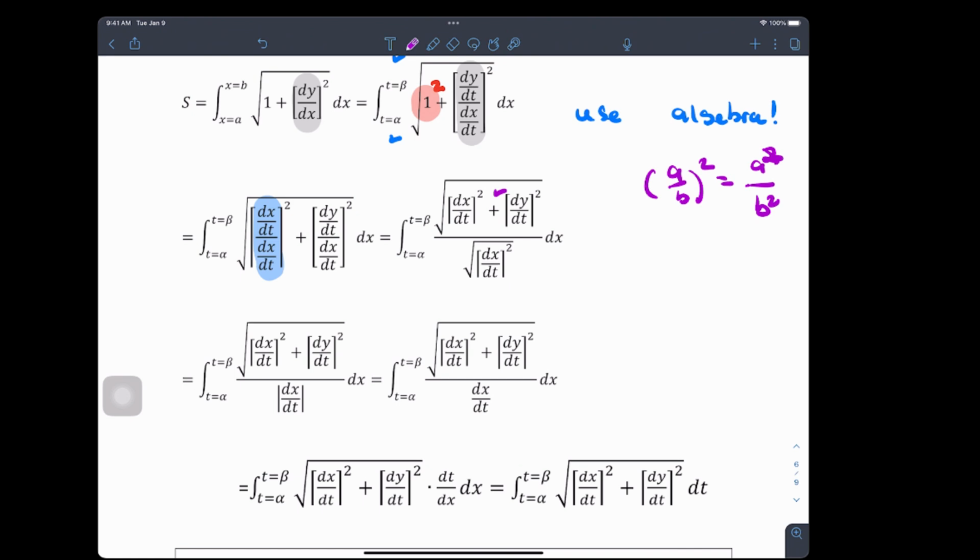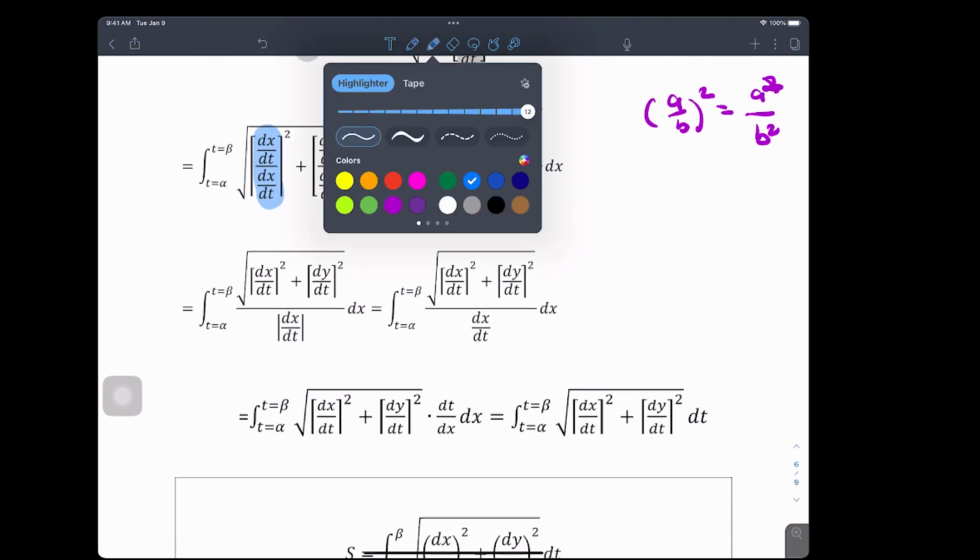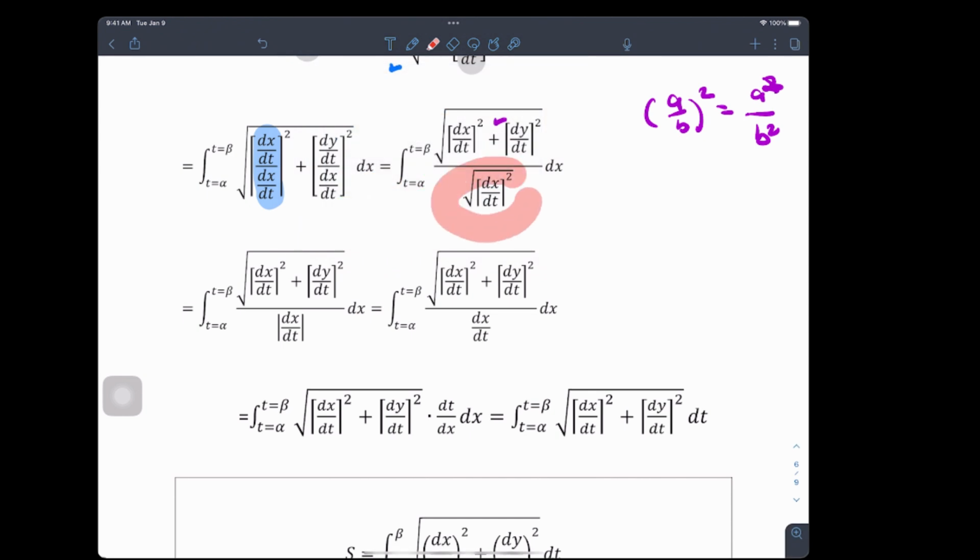And so we took the square root of both numerator and denominator. And as you guys know, down here, that's the definition of the absolute value of dx dt. And so since dx dt is positive, that leaves you dx dt. And then over here, we can cancel our dx's. So this is like having 1 over dt.